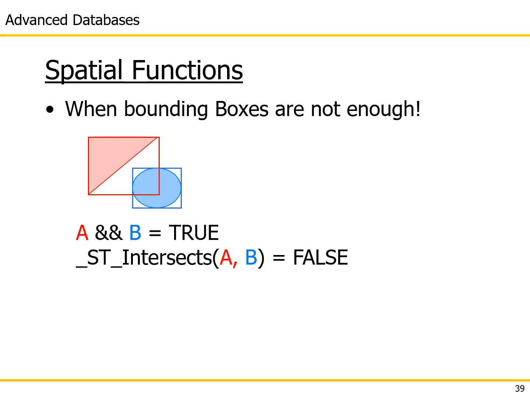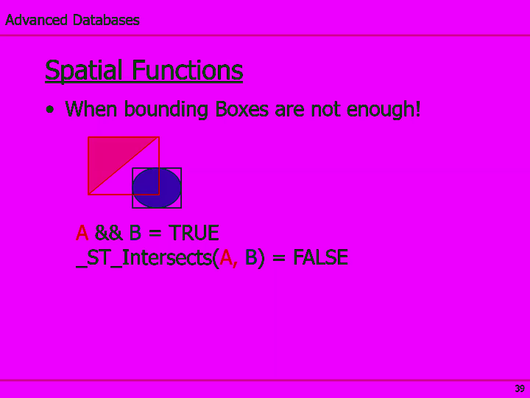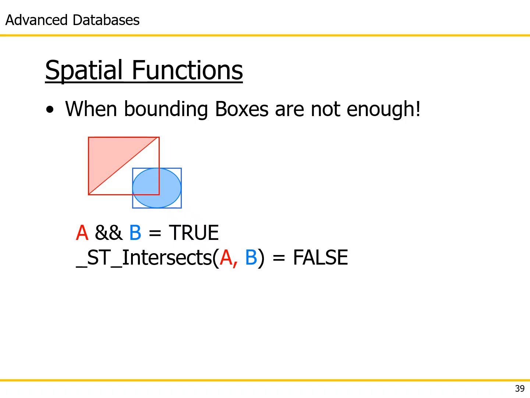This is an example of what I was referring to, why bounding boxes are important. If you're trying to do any kind of computation between the red triangle and the blue circle, well, if you work without the bounding boxes, the computations are going to take more time. But if you work with the bounding boxes, then it boils down to comparing rectangles, which are the bounding boxes. So the bounding boxes here will tell you that there is an interaction, A and B using the bounding box operator will return true because there is an overlap between the bounding boxes.